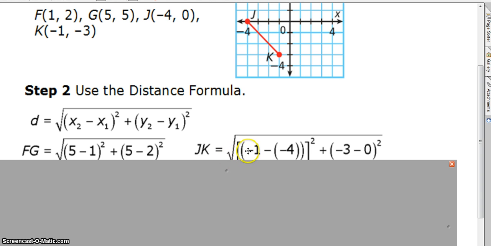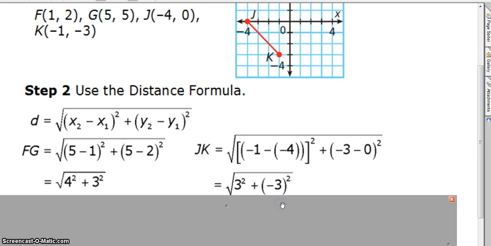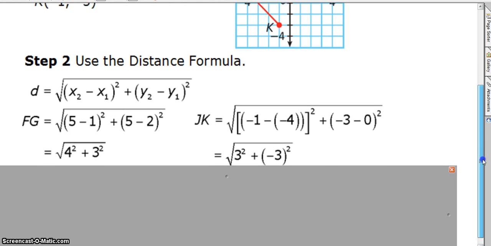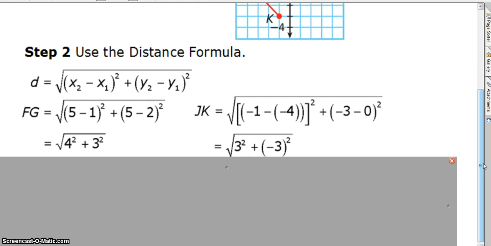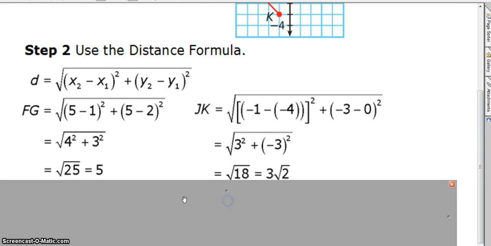And then for JK, they're going from K, negative 1, minus the negative 4 of J, and then negative 3 minus 0 squared. Go ahead and pause and do the math. And come on back, and we end up with 4 squared plus 3 squared, and 3 squared plus negative 3 squared. Interesting, right? And that gives us, in this case, a square root of 25, which is 5.